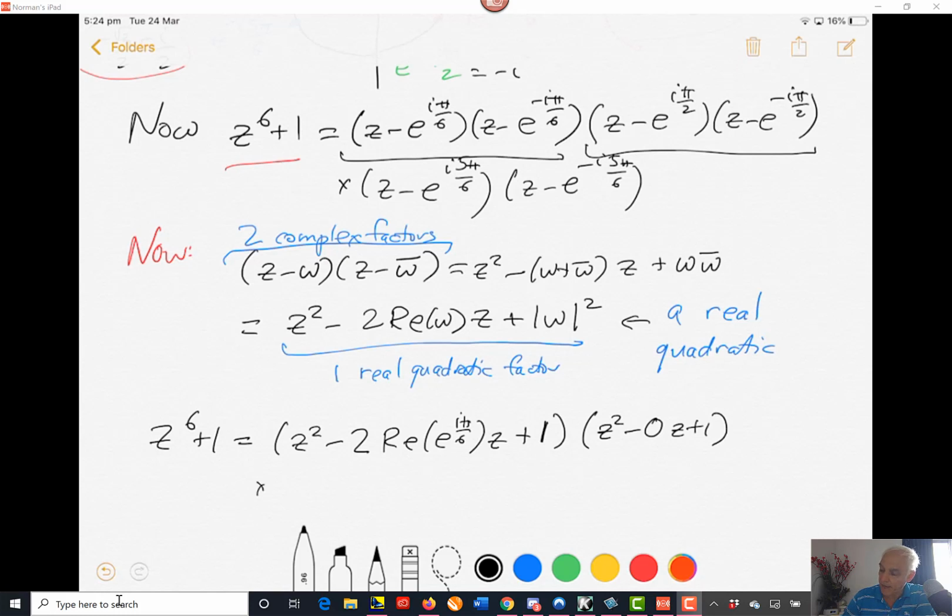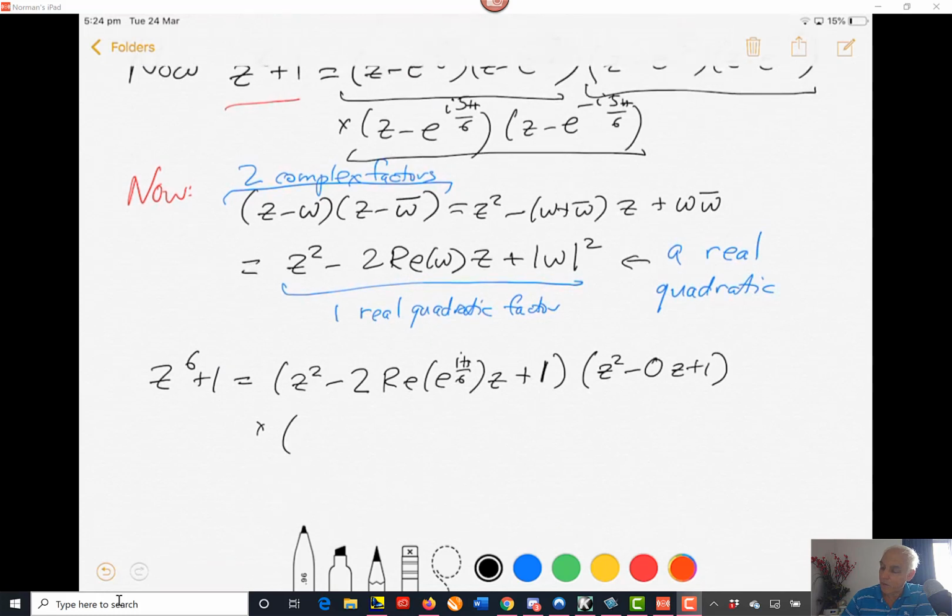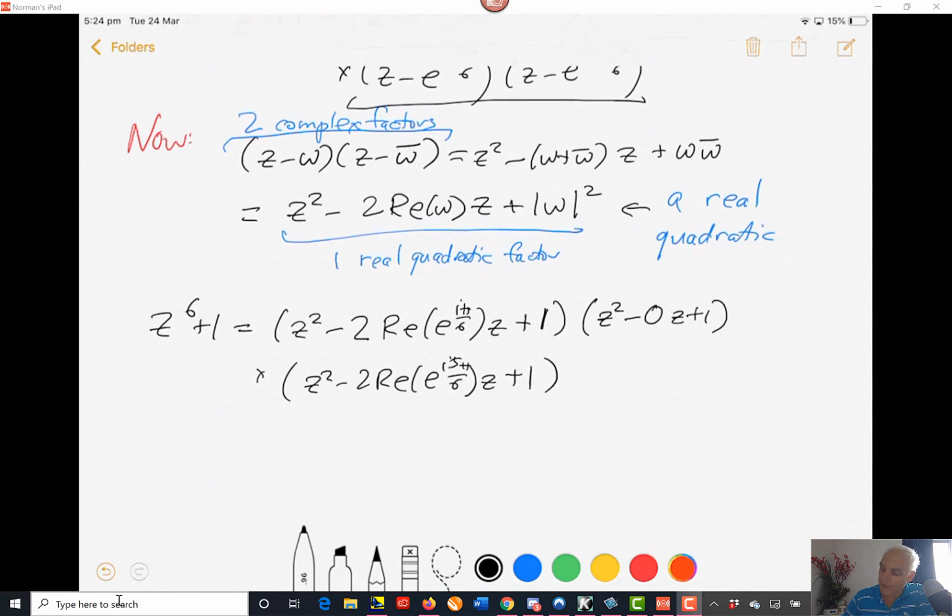And then the last quadratic term corresponding to this pair will be z squared minus 2 times the real part of e to the i 5 pi on 6 times z plus 1. And we can express that in this case a little bit simpler because this is just really a cosine.